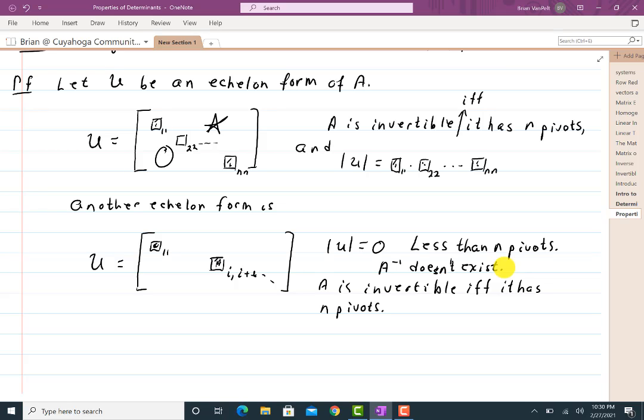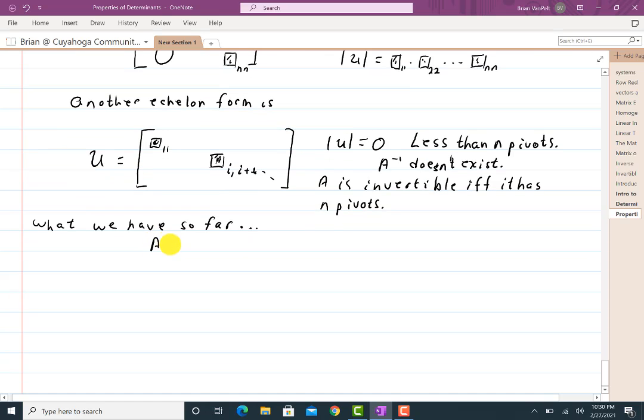Okay, so what I've proved now is that the echelon form's determinant is not equal to 0 if and only if A is invertible. So this is what we have so far. I have not proven it for the determinant of A, though.